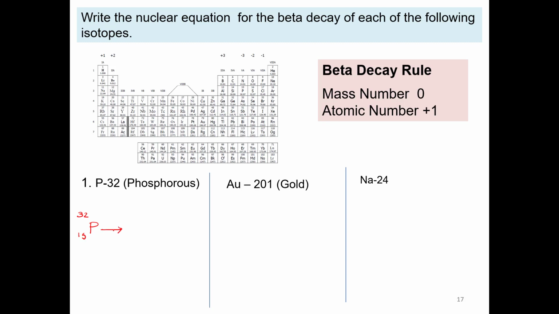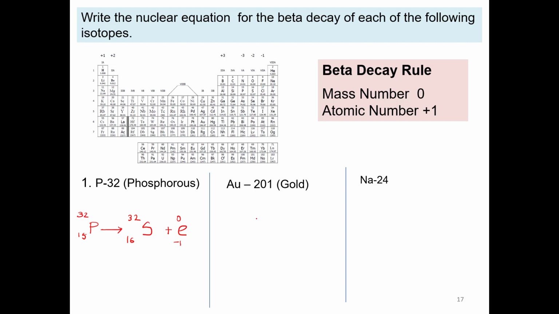If beta decay occurs, then the isotope in the products will have the same mass number, but the atomic number increases by 1, so it will be 16, plus a beta particle. Now to know what isotope we have in the products, we see that 16 is sulfur. And this is the equation in the case of phosphorus.